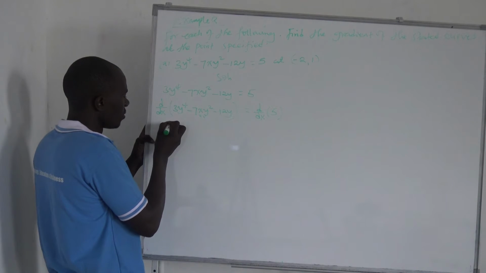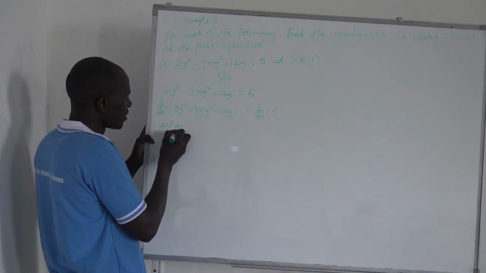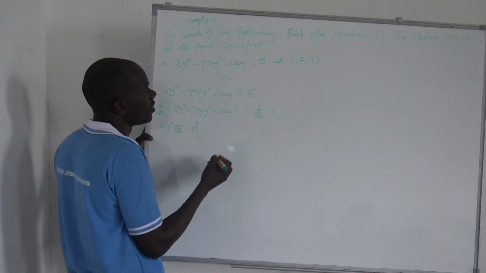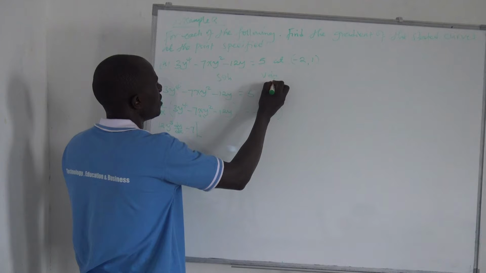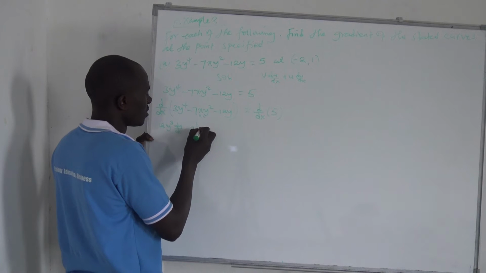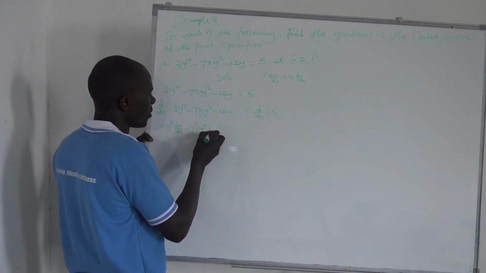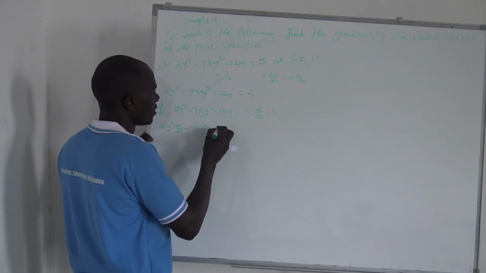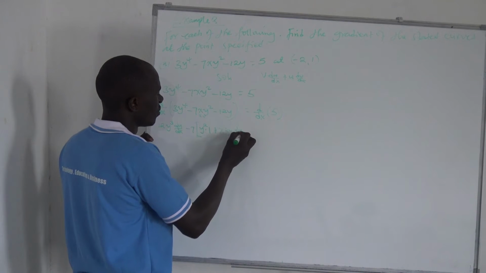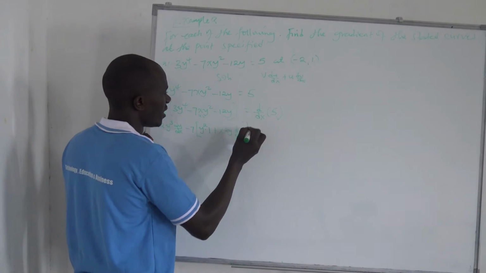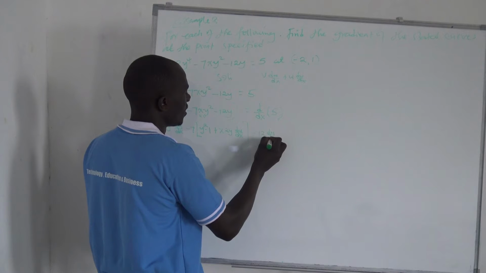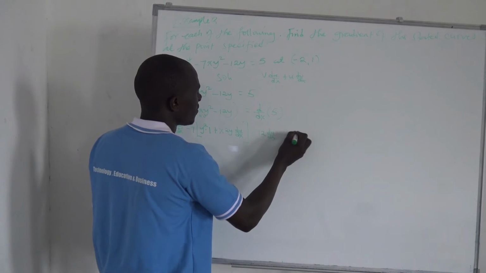You get 12y cubed dy/dx minus 7 into, using v du/dx plus u dv/dx, our v is y squared. When you differentiate x, you get 1, plus our u is x. When you differentiate y squared, what do we get? We get 2y dy/dx, minus. When you differentiate 12y, what do we get? We get 12 dy/dx equals, when you differentiate 5, we get a 0.